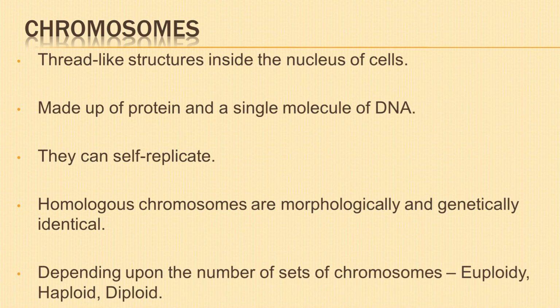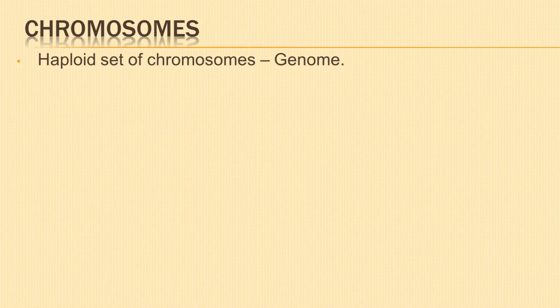Presence of a whole set of chromosomes in individuals is called euploidy. It includes haploid, one set of chromosomes, diploid, two sets of chromosomes, etc. The haploid set of chromosomes is also known as the genome.